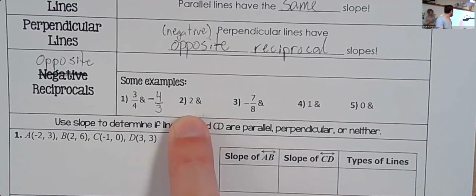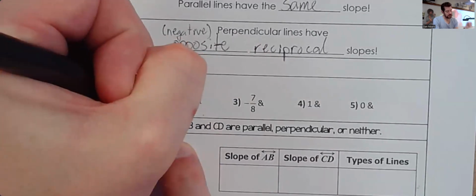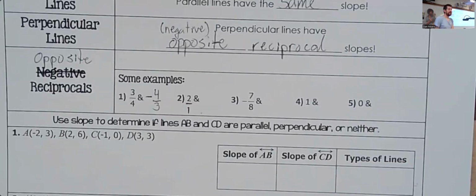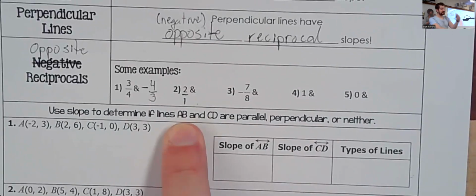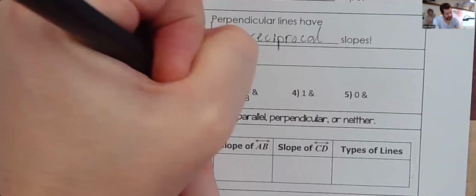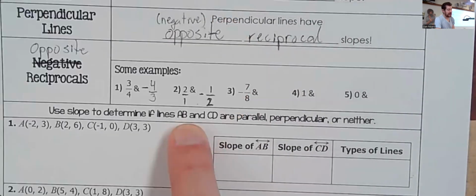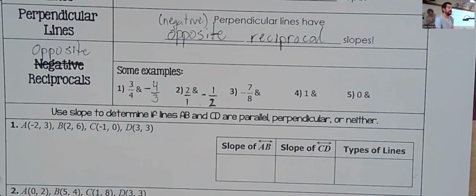The number 2 does have a denominator. What is it? 1. Anytime it's a whole number, we have a denominator of 1. So that's a positive 2/1. So we need to make the positive into a negative. And then flip it. So opposite reciprocal of 2/1 would be negative 1/2.